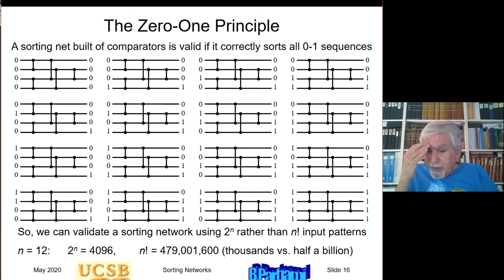So it really simplifies the task because I need to apply 4096 tests to that 12-input sorting network. And going back to the example in the previous slide, the difference is even larger. 2 to the 16, okay, so 2 to the 16 is 16 times 4,000 versus 16 factorial, which is an even larger number than 12 factorial.